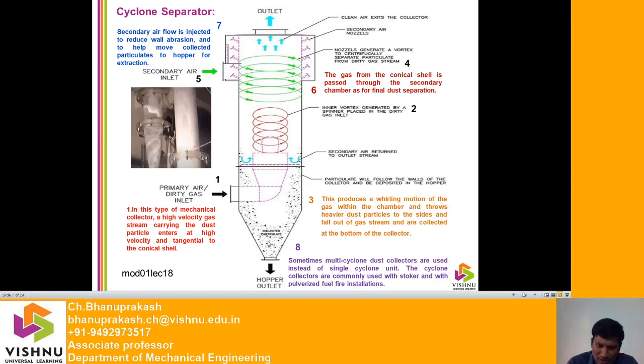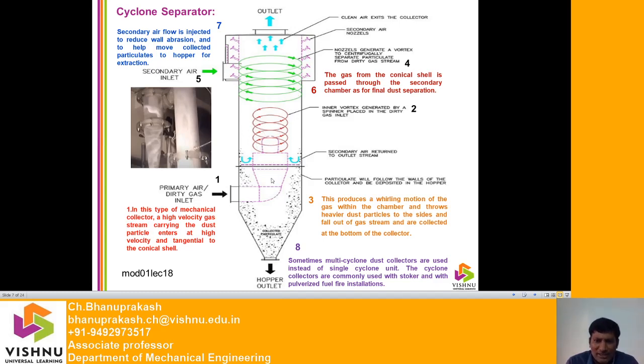This is the conical shell. Here there is a spinner, which will be rotated. Due to this rotation, an inner vortex is generated in the dirty gas. This is placed in the dirty gas inlet. Due to that, a vortex motion will be created.